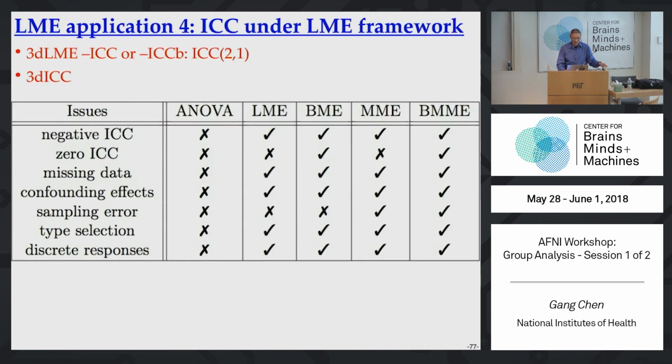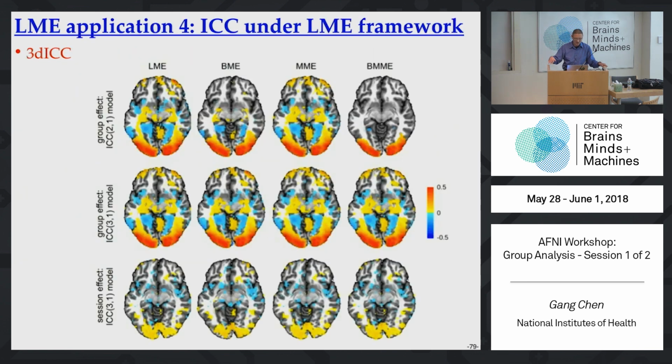I guess that's how much I want to say. There are different ways, and we published a paper last year to describe different ways to calculate it. If you are interested in calculating ICC, right now the 3dLME, that's a linear mixed effects model approach, has an option called ICC.